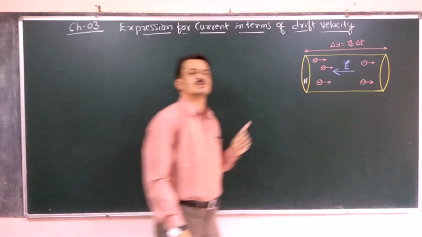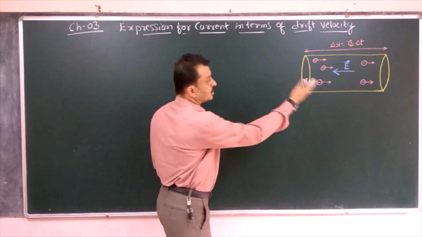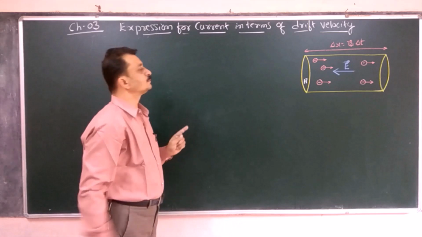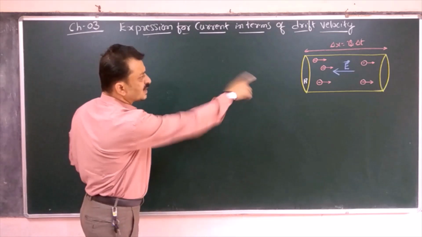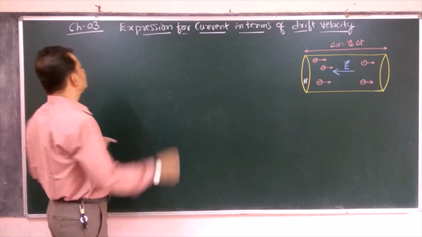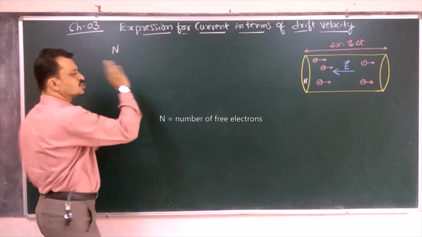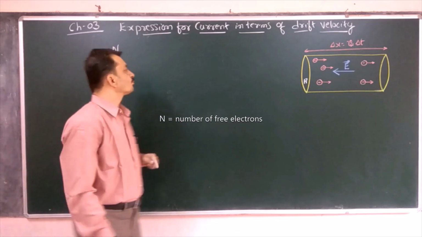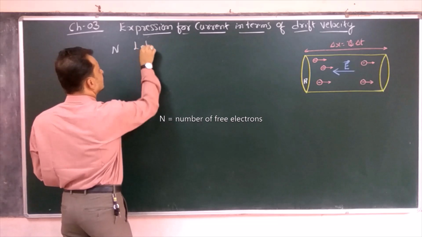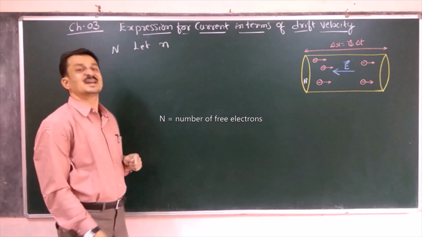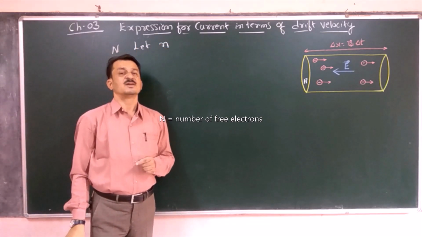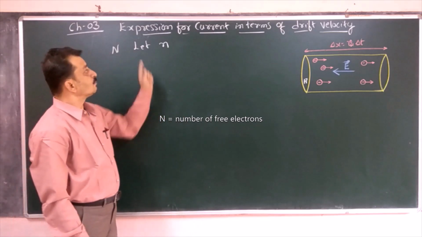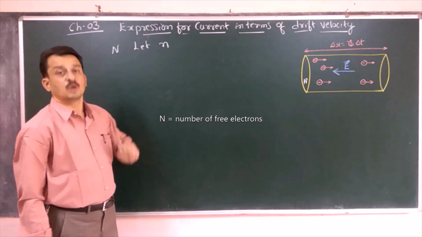What about the direction of the conventional current? It is from right to left. Now assume that the conductor has capital N number of electrons. Let small n be the electron density. What is the meaning of electron density? It is the number of electrons per unit volume.